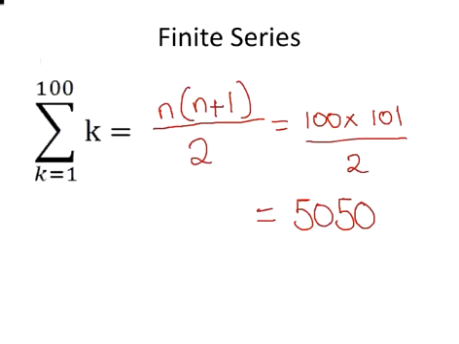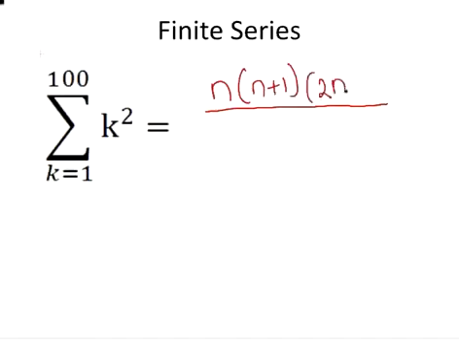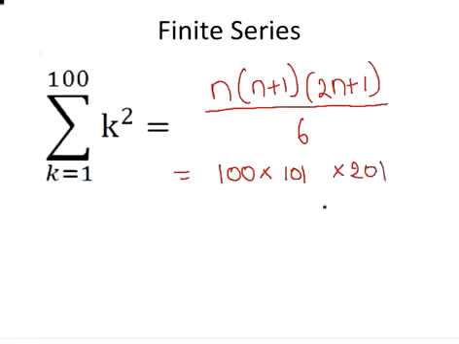And moving on to the last expression, this time we're going to be using theorem 3. Now this is a bit more complicated this time. It's n times n plus 1 times 2n plus 1, all over 6. Now that's equal to 100 times 101 times 201 all over 6.